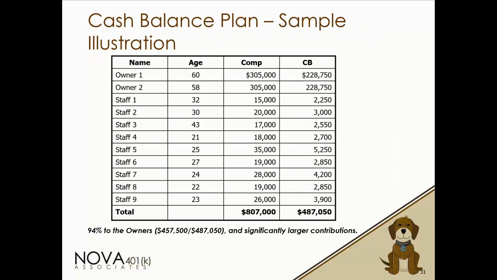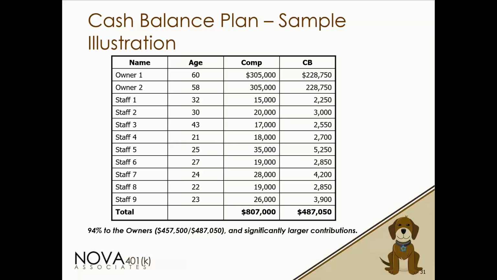So let's play this out with a slightly bigger group than our previous one. We have 2 owners making at least the max comp, and then we have 9 staff members. And this is a standalone cash balance plan, so we're assuming there's no partnering DC plan here.